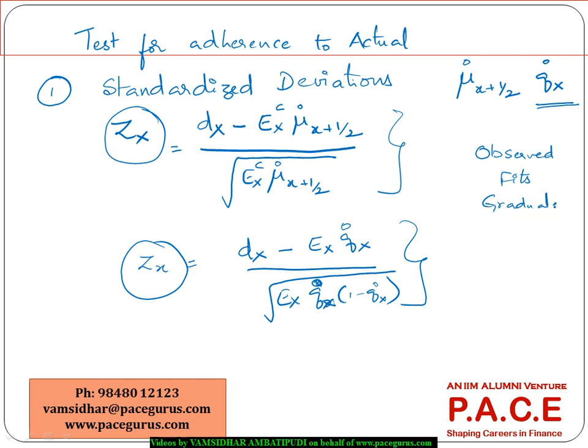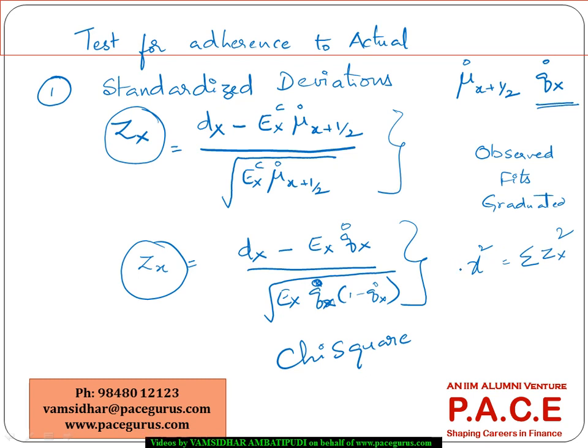I am using a chi-square test to test whether my actual data is fitting the graduated data, where I define the chi-squared as the summation of all these zx squared across all x's.